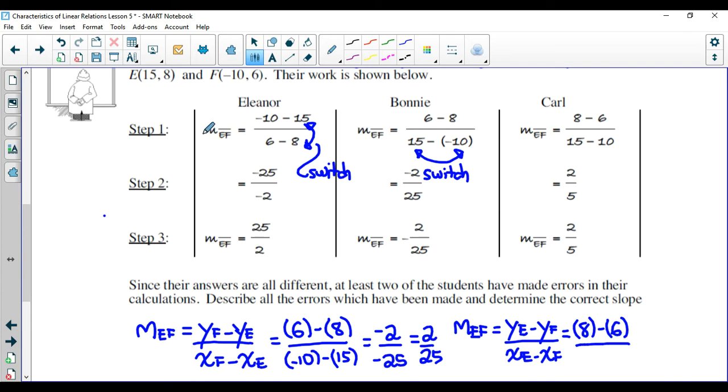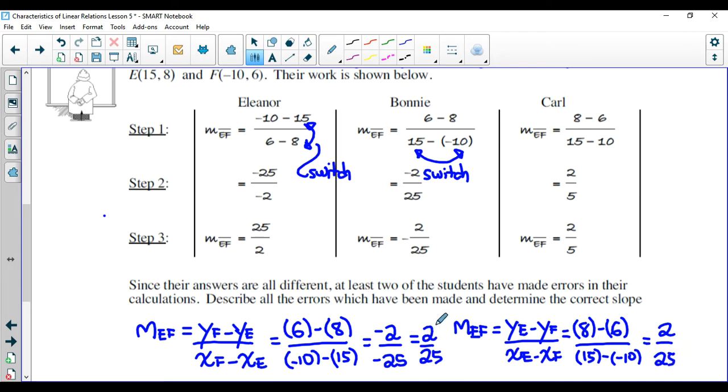The x-coordinate of point E is 15. Subtract the x-coordinate of point F, which is negative 10. If I do this calculation, 8 minus 6 is positive 2. 15 minus negative 10 would be 15 plus positive 10, which would be 25.